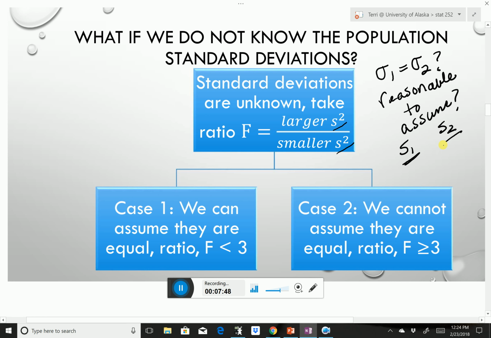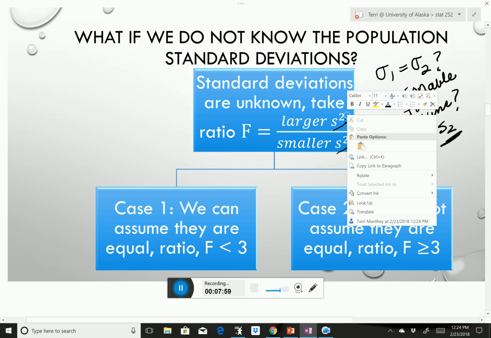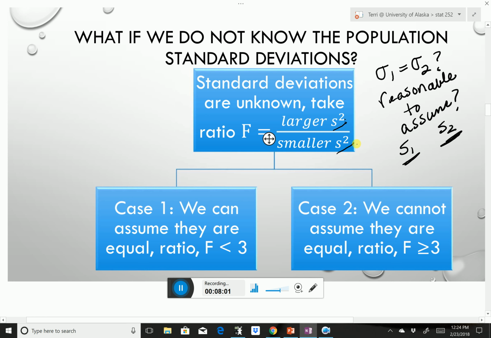So population 1, population 2. What we're going to do is take whichever one is bigger, the larger one, it has to be the larger one on top. We're going to square it. And then the smaller one on the bottom and square that. And we're going to call that F.